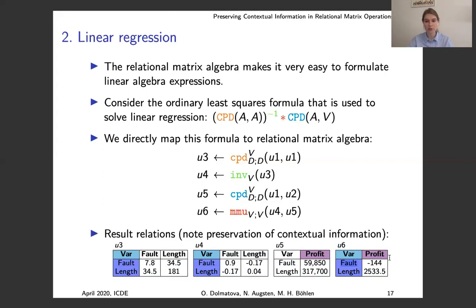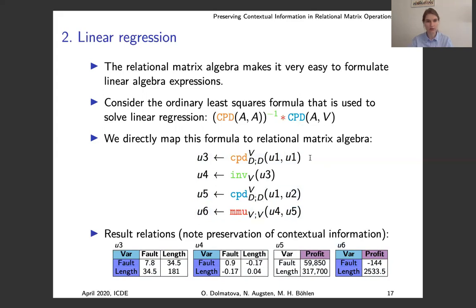Contextual information in U6, namely profit, var, and fault and length, is preserved through a chain of relational matrix operations. For example, the blue and cyan parts, var, fault, and length, are taken from relation U4, the first operand of matrix multiplication. In U4, they are taken from relation U3, and in U3, they are coming from the schema of U1.